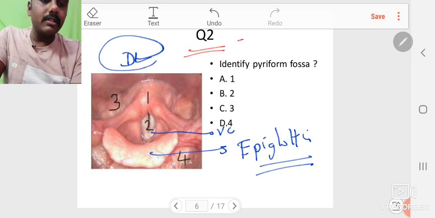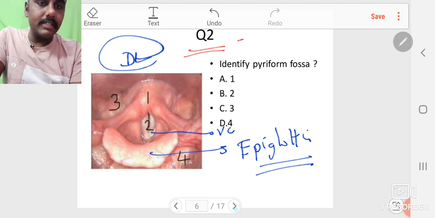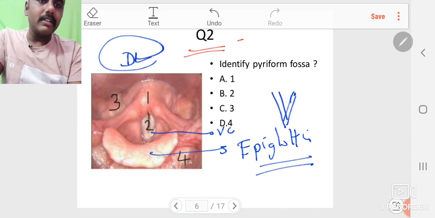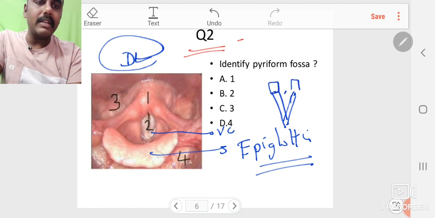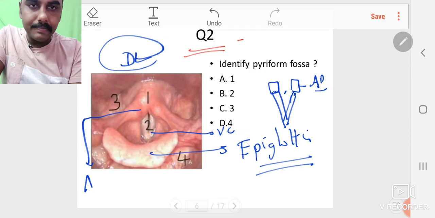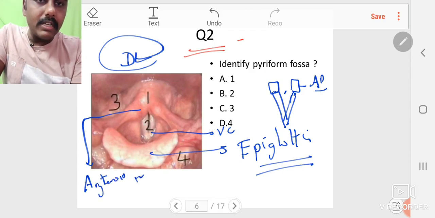When I am drawing a vocal cord like this, this is anterior, this is posterior. What will be at the posterior end of the vocal cord? The arytenoid process, right. So this one is the arytenoid process. What is between the arytenoid and the epiglottis?